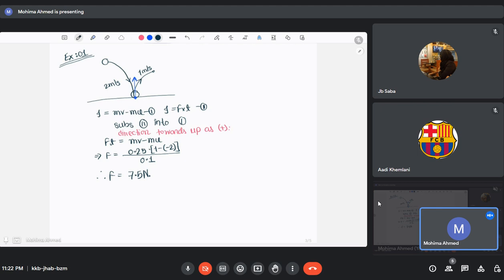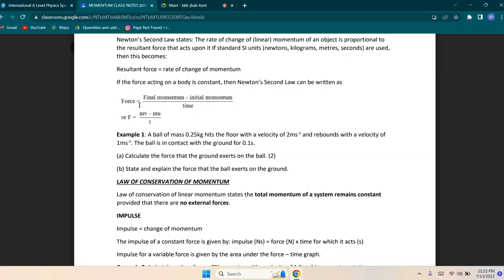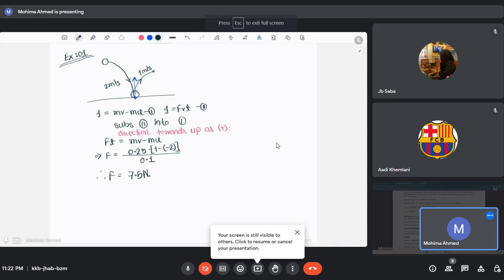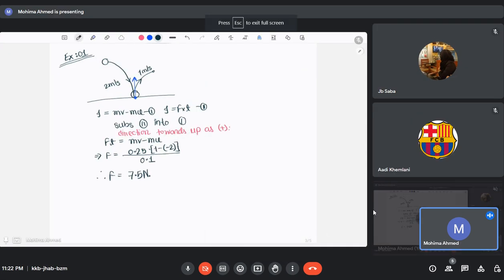Now, if you go to the second question, which I don't remember, I'll just read out the question. It was: state and explain the force that the ball will exert on the ground. Now we need to explain what amount of force will be exerted by the ball on the ground.